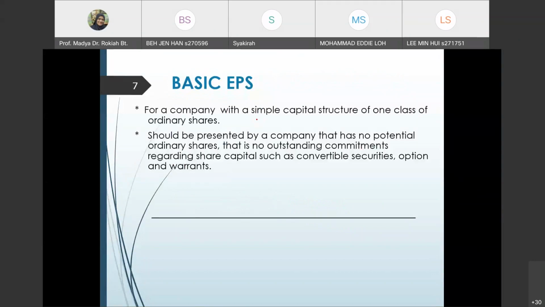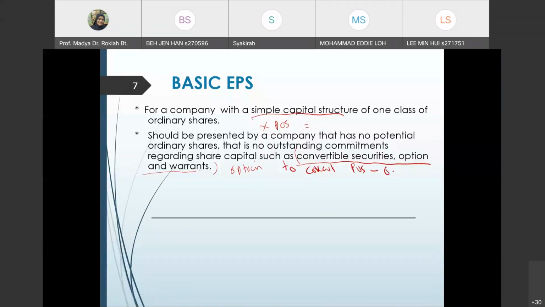So a company with a simple capital structure means that there are no POS. POS refers to potential ordinary shares, items such as convertible securities, options and warrants, which give the option to convert to ordinary shares.